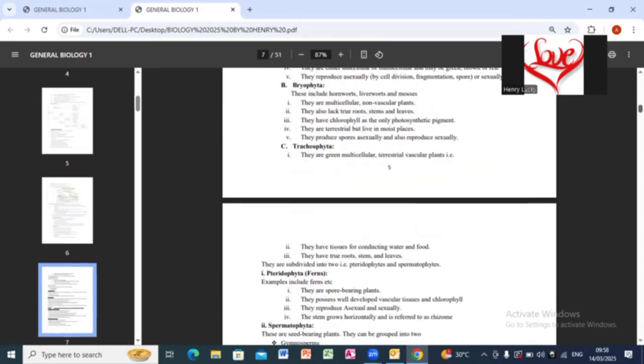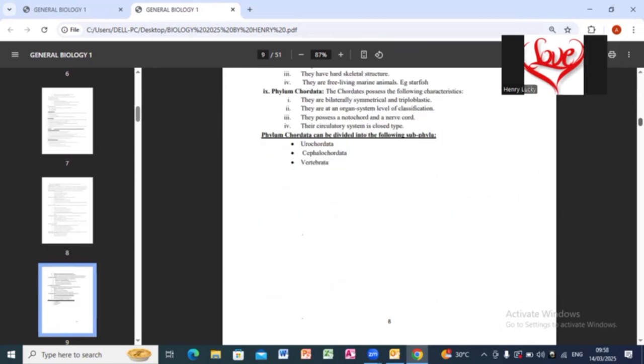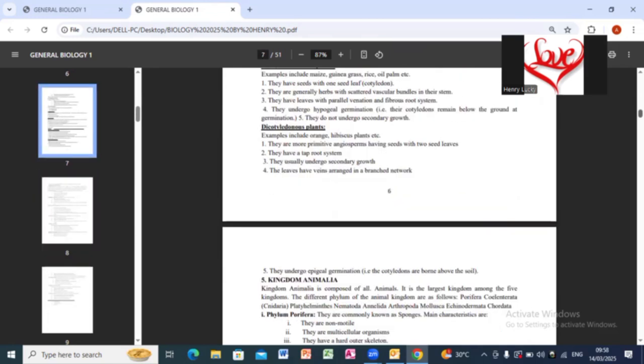Then moving on to kingdom animalia. Kingdom animalia is composed of all animals. It is the largest of the five kingdoms, because it has so many special characteristics, and the organisms found in this classification have a definite means of identification.